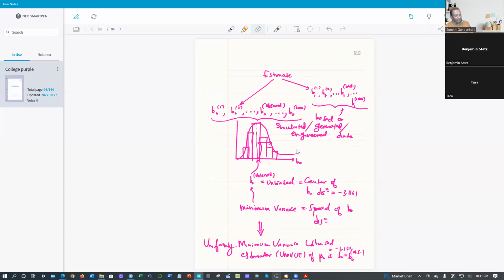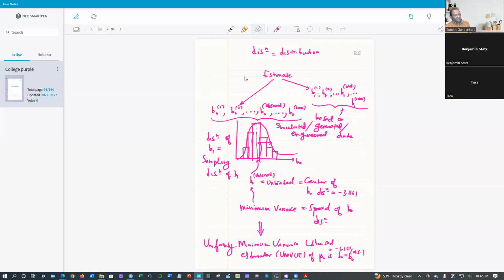I'm going to use this abbreviation for distribution. The distribution of B1 is, more specifically, the sampling distribution of B1, because it's based on different samples.